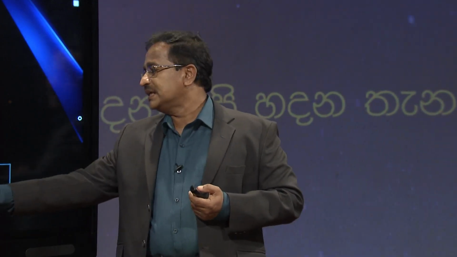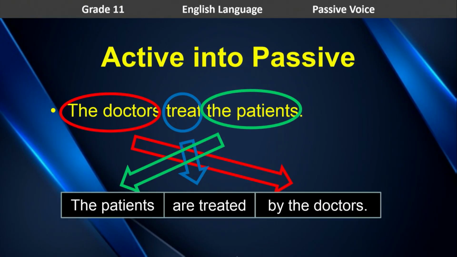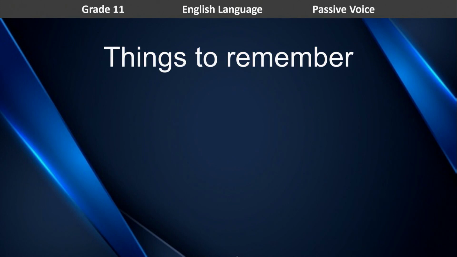So, that is the reason why I have used are treated. The patients is a plural noun, so you have to use are. Treated, because when we write passive voice sentences, we have to keep the verb as a past participle. So, are treated by the doctors. Always the agent or the doer is written with the use of the word by.